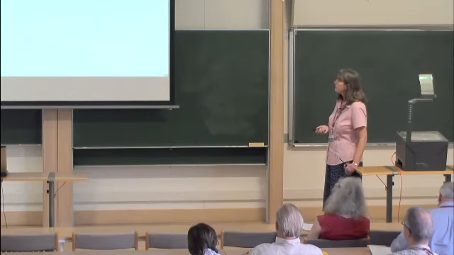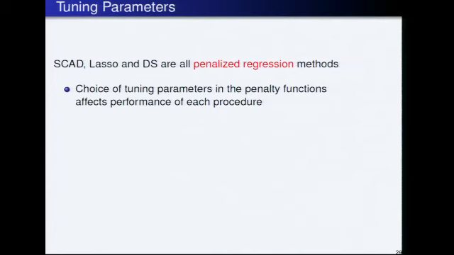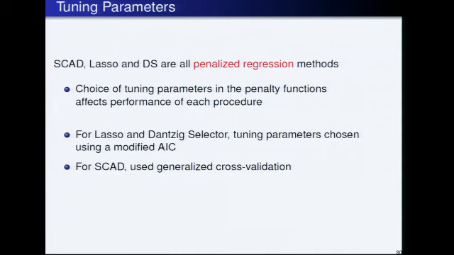Just to say briefly in passing that SCAD, lasso, and the Dantzig selector are all penalized regression methods, and they all have tuning parameters. The choice of tuning parameters is critical in how well the procedures perform, and we did spend quite a lot of time trying to tune these procedures. We used a modified AIC criterion for lasso and Dantzig selector, and for SCAD we used a generalized cross-validation.